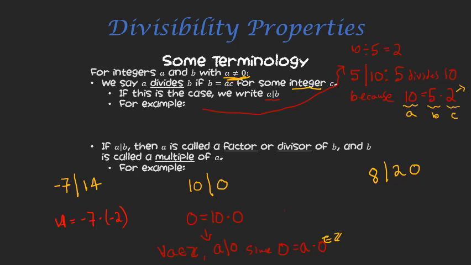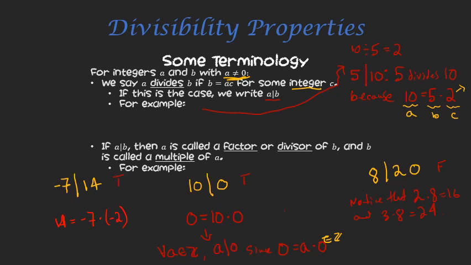Well, notice, this one was true, this one was true, this one's false. Notice that 2 times 8 is 16, and 3 times 8 equals 24.